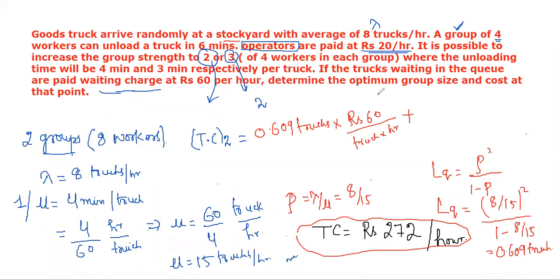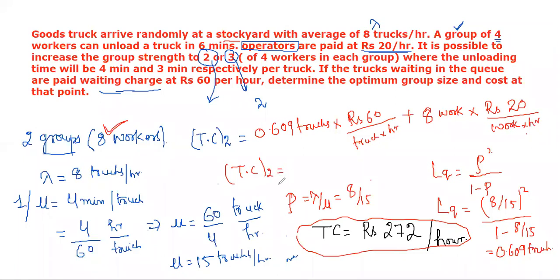Now the number of workers has increased to 8 because two groups are working simultaneously. Therefore this is 8 workers multiplied by the salary of each worker, rupees 20 per worker per hour. Okay, now tell me what does this evaluate to?